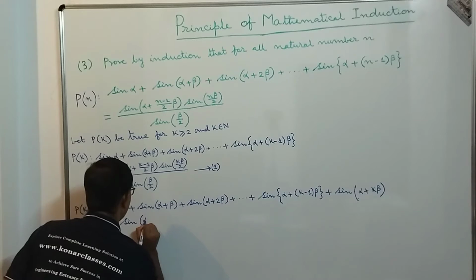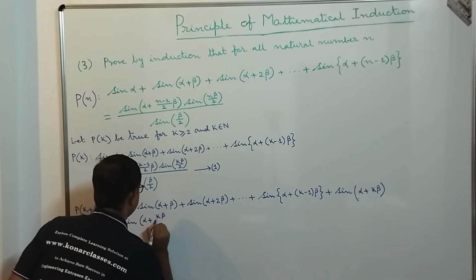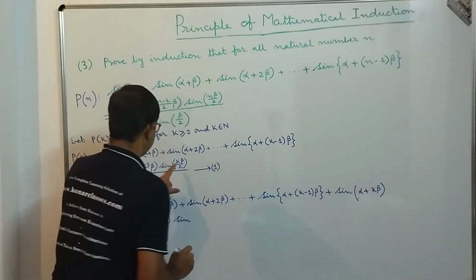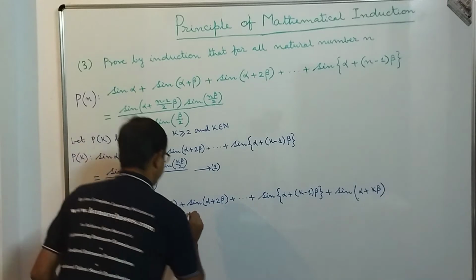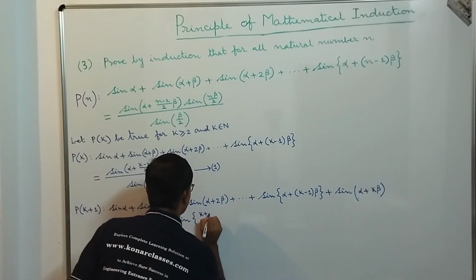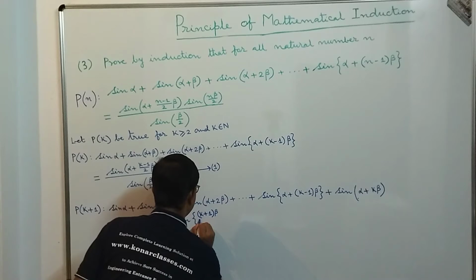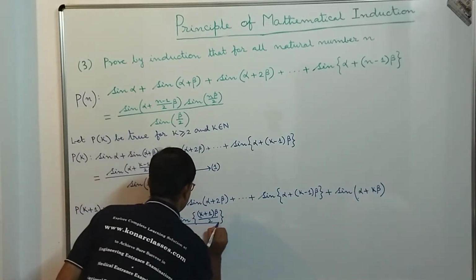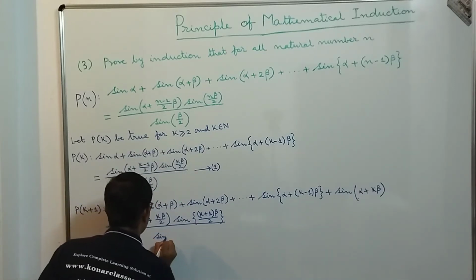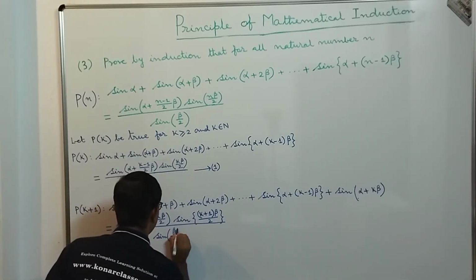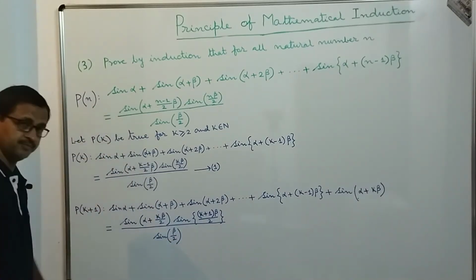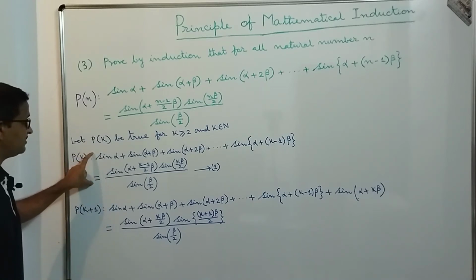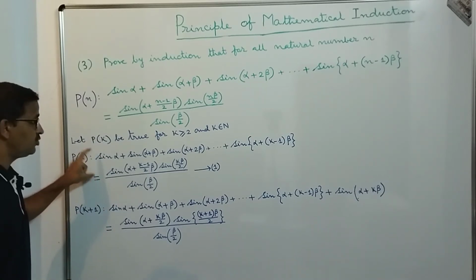So sine of alpha plus k into beta divided by 2, into sine of k plus 1 into beta divided by 2, divided by sine of beta divided by 2. That we need to prove. To prove this, we need to take help of the assumption that Pk is true, so we need to take assistance from identity 1.